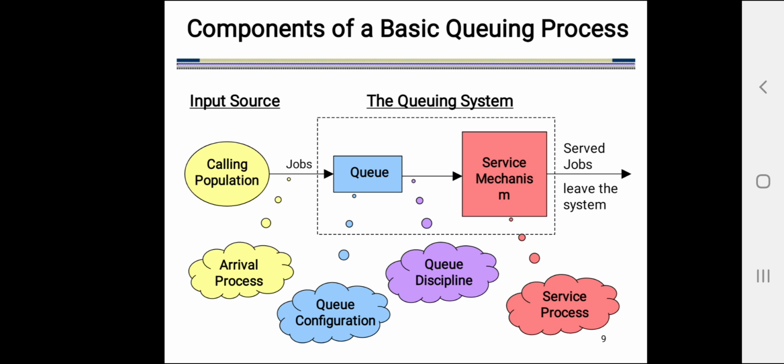What are the important things? The calling population, meaning the number of people arriving or input, then the arrival process, which type of arrival, then the queue configuration, then the queue discipline and the service process. These are important components of the queuing process.